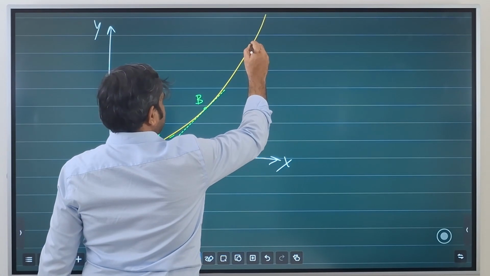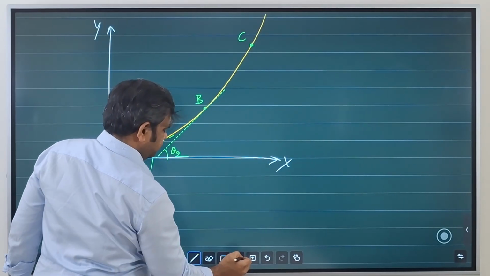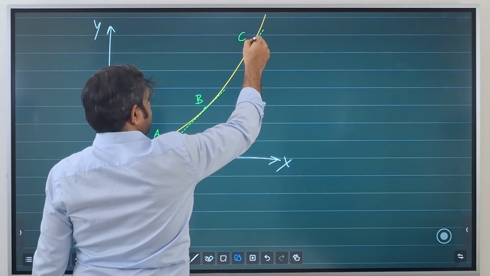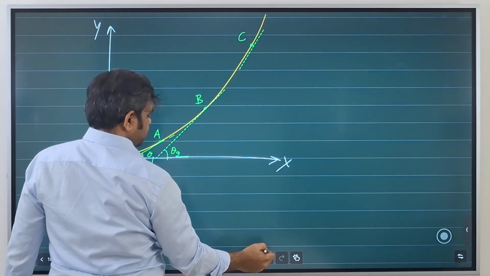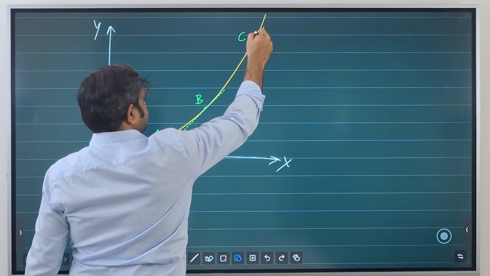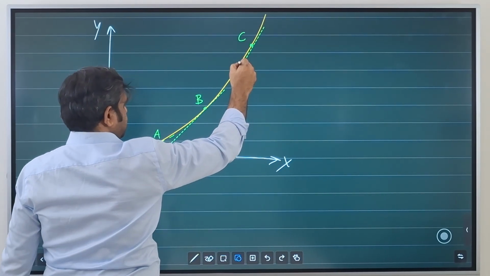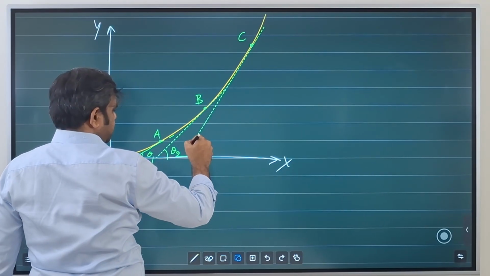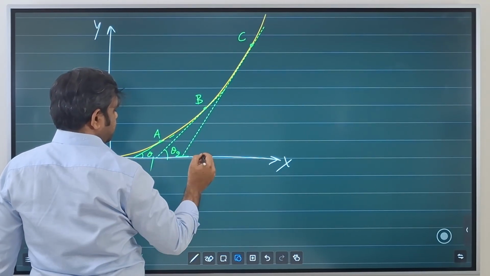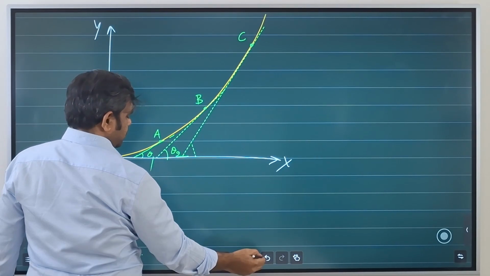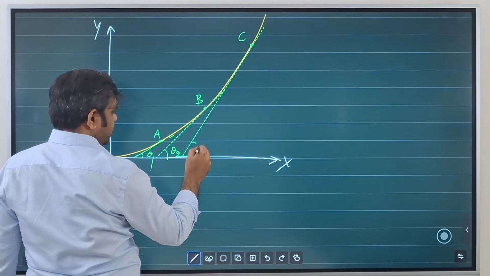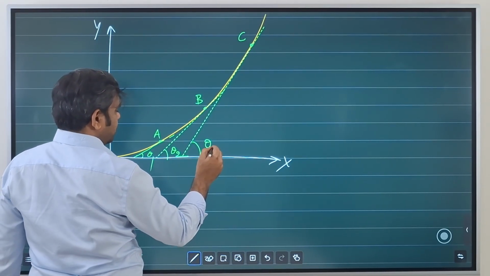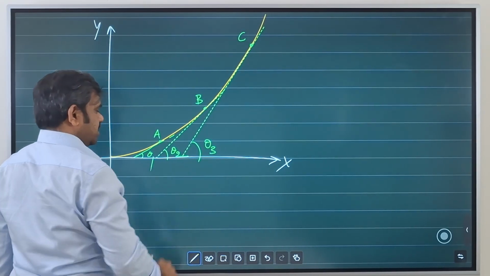Draw a tangent at point C. Look at the angle made by the tangent drawn at point C with the x-axis.